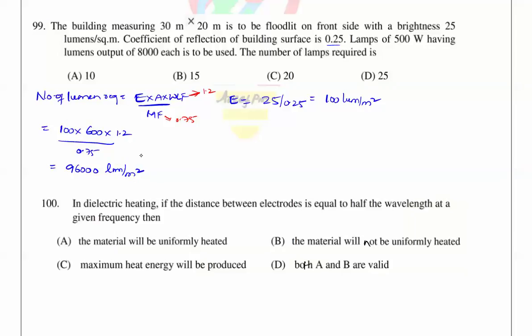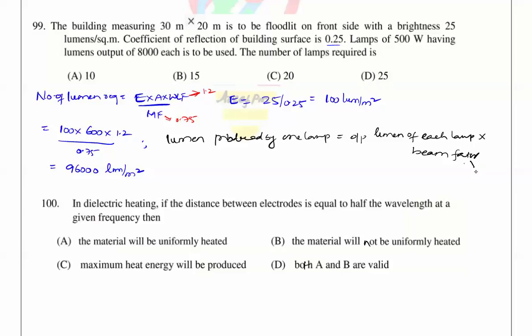Next thing is, the lumen produced by one lamp is equal to output lumen of each lamp into beam factor. So here the beam factor generally we consider as 0.6. This is equal to 8000 into 0.6. It is nothing but 4800.